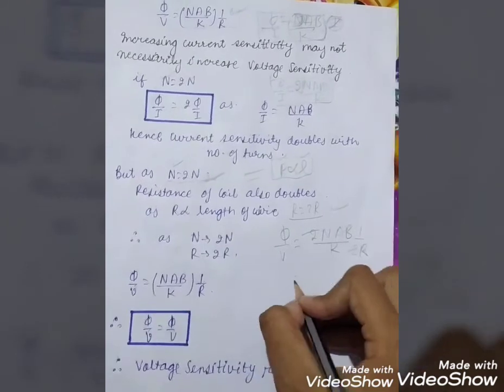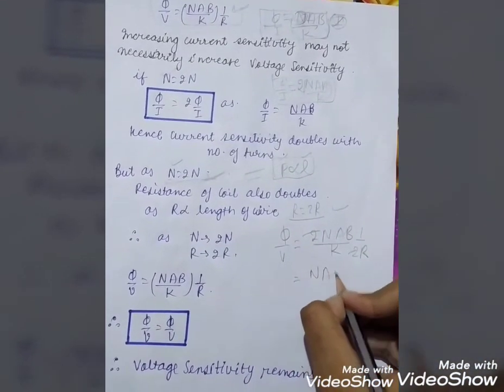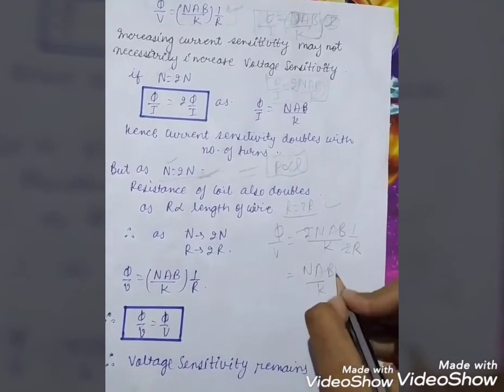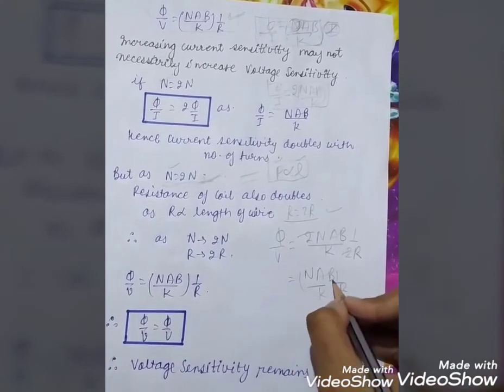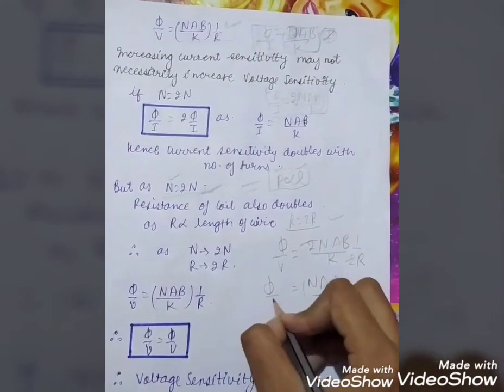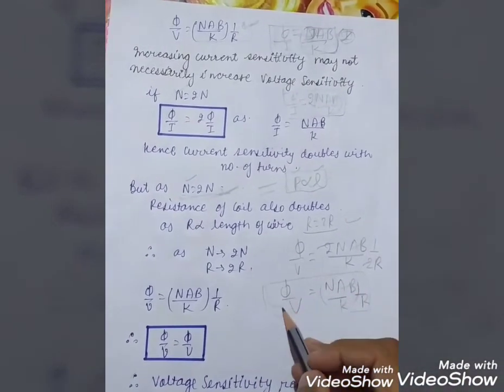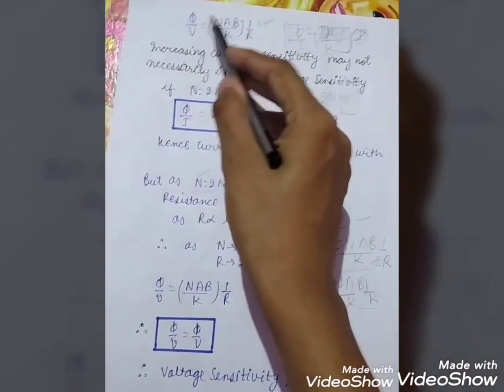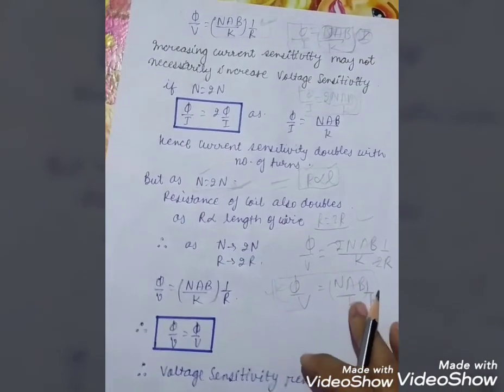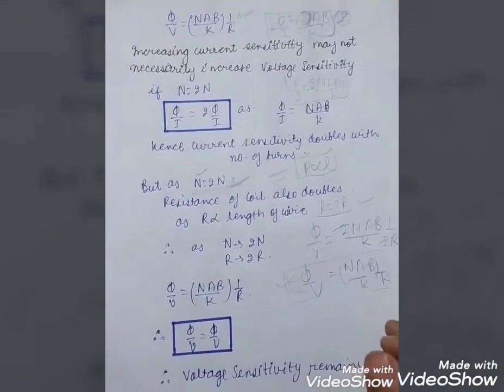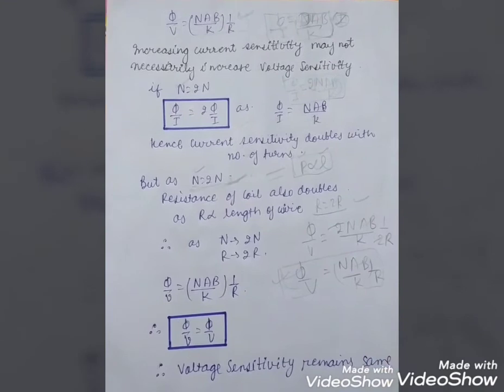We get NAB divided by K into 1 upon r. This is the original thing, what we had previously. So we can see that there is no change in voltage sensitivity if we have increased the number of turns.